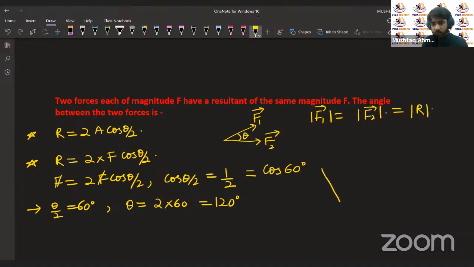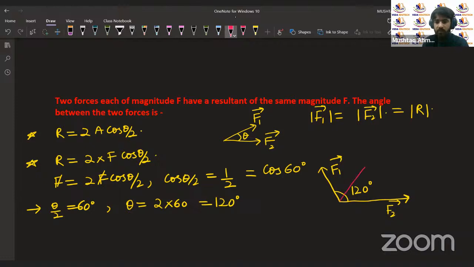So this is how these two forces will be inclined with each other. The angle between these two forces will be equal to 120 degrees, and the resultant will bisect this angle of 120 degrees.